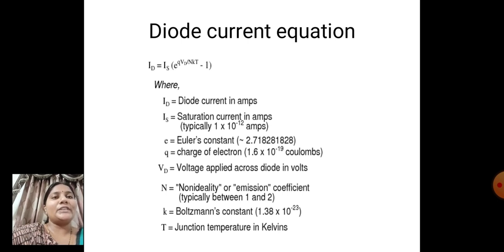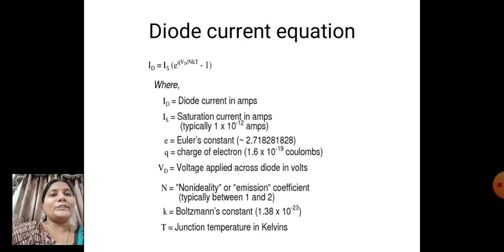In the PN junction diode, the input is always voltage and output is always current. So we need to find the output current of the diode. That's why ID is the diode current, and ID equals Is into e power QVD by NKT minus 1.